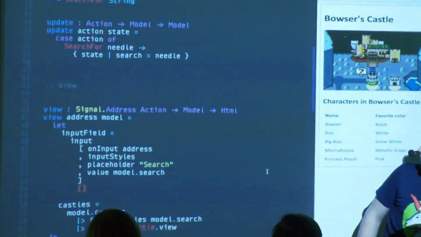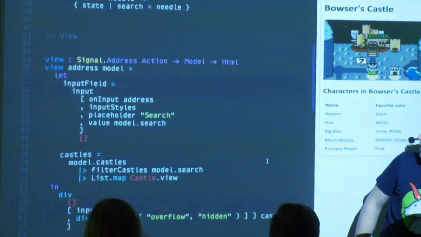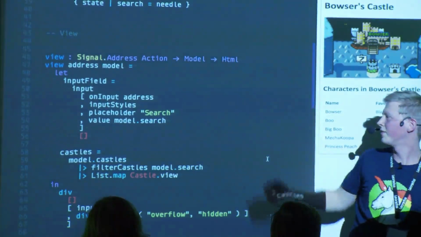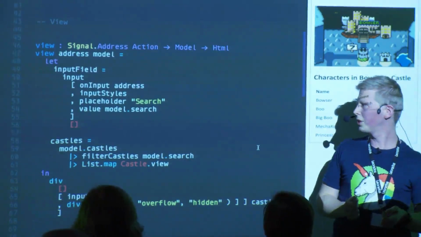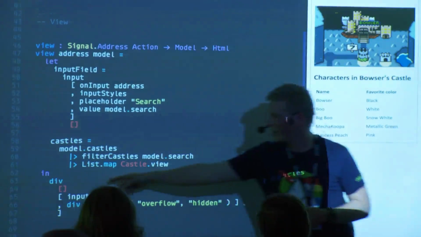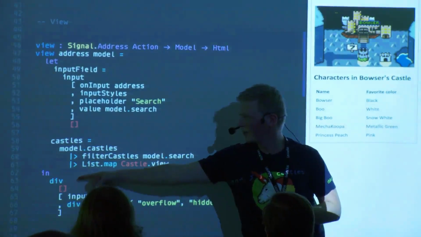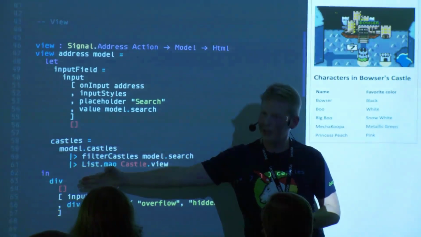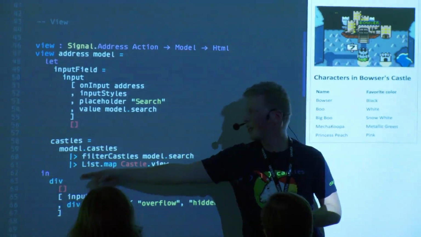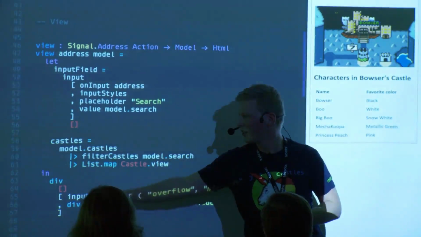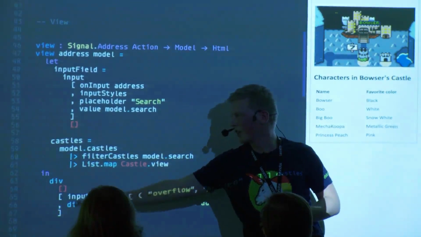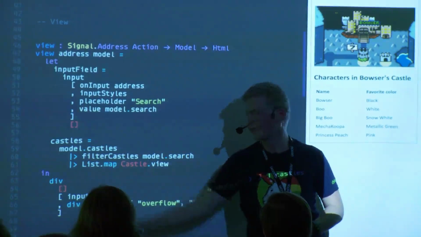And finally, the view. This is somewhat similar to what you saw in the ClojureScript thing. If you take a look here, we have a div function, and we get parameters for attributes and children.